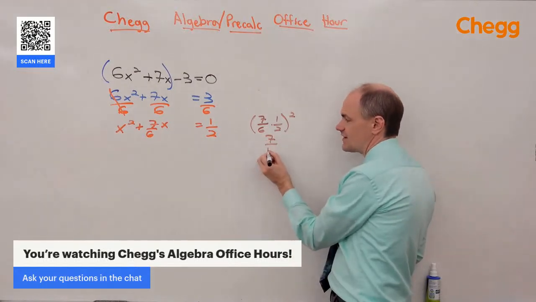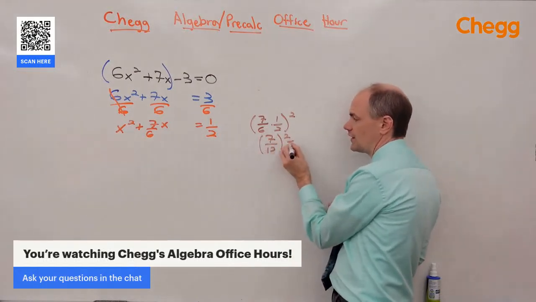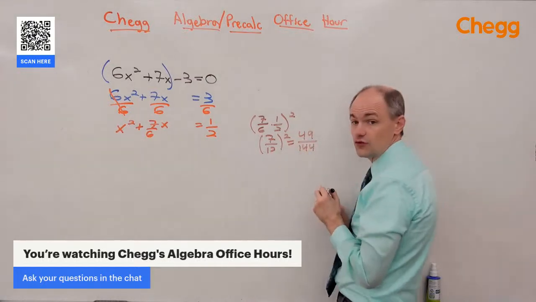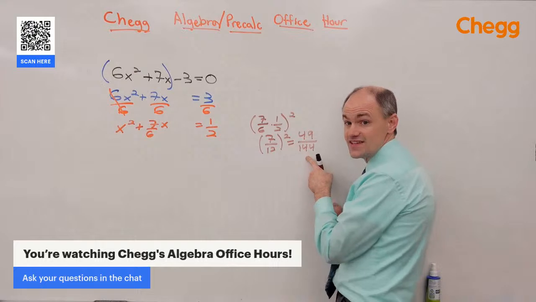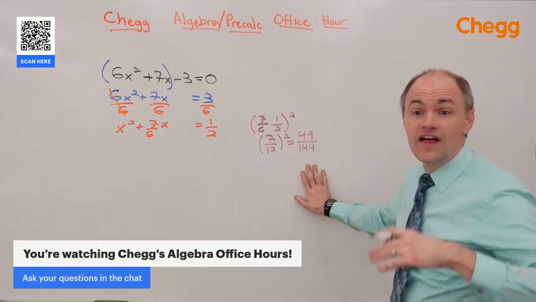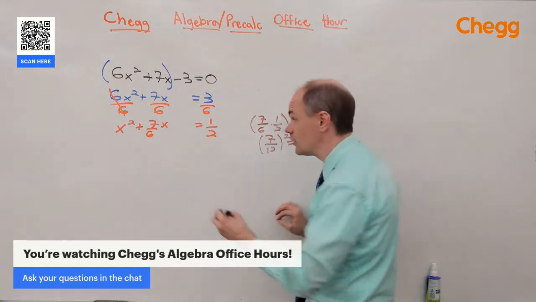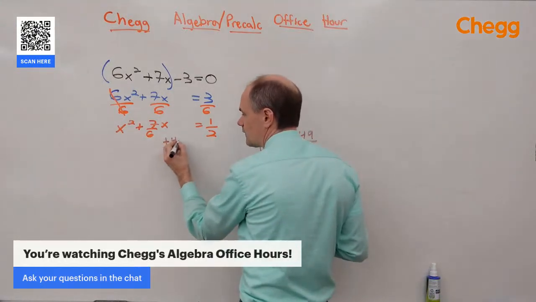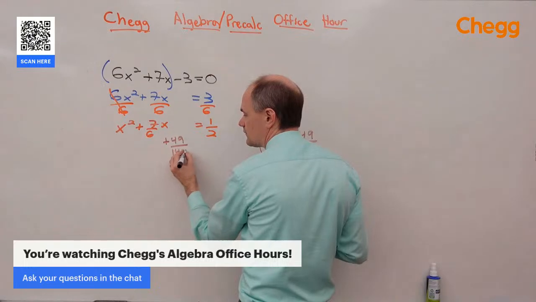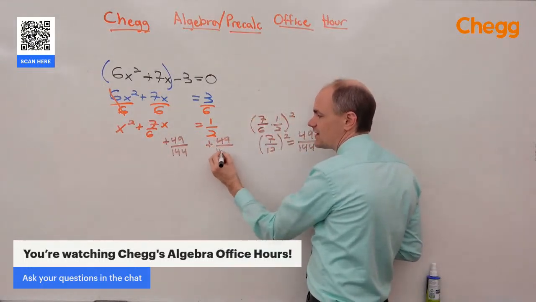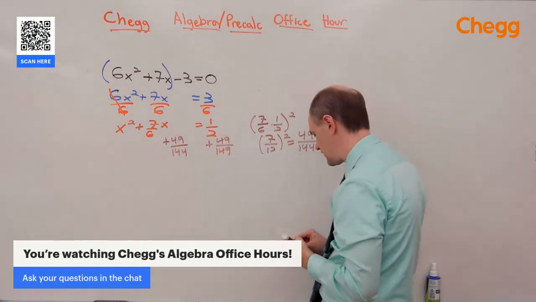That's going to give us 7/12 squared, which is 49 over 144. This is the magic number that we need to make this left side a perfect square. We're going to add 49 over 144. But if you do it to one side, you have to do the same thing to the other side.